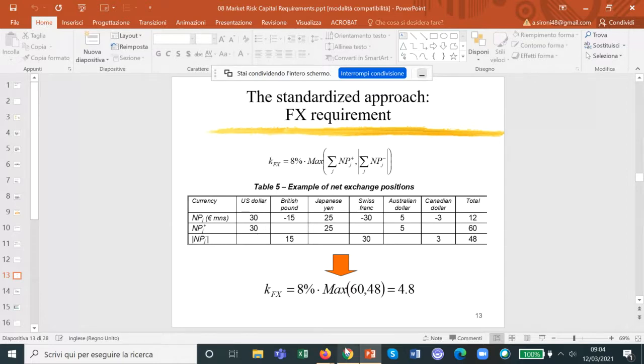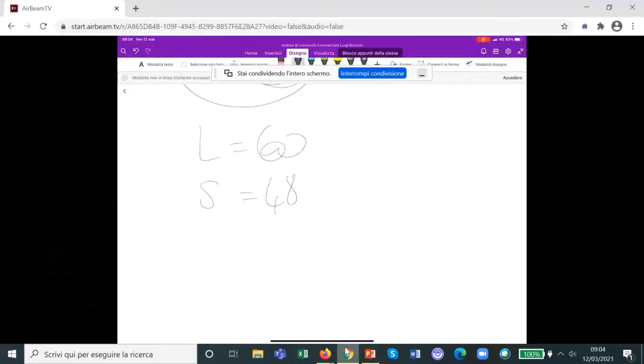Now, assume you want to know what your total position is. Well, one way you could do is take long plus short and say, my total position in foreign currencies is 108. Clearly, this would be very conservative, very prudent, okay? And it would be equivalent to assuming that when you lose on the long positions, you also lose on the short positions, okay?